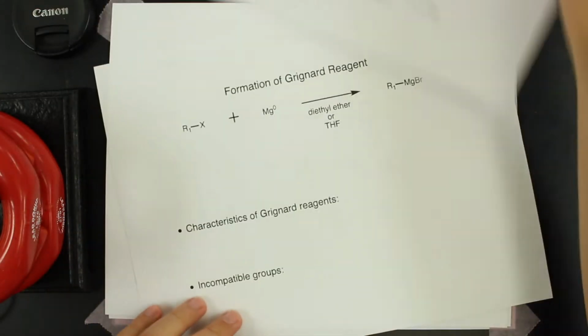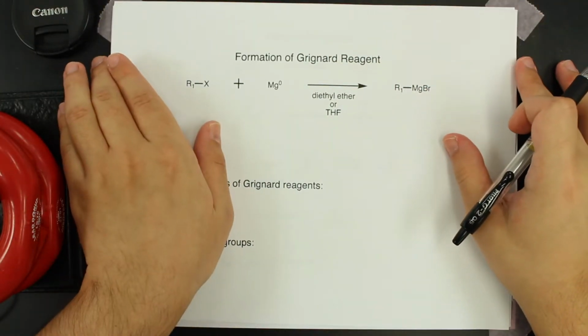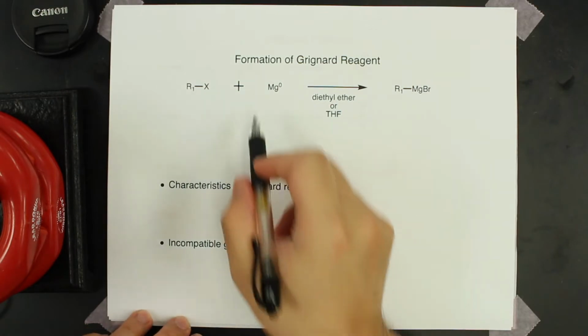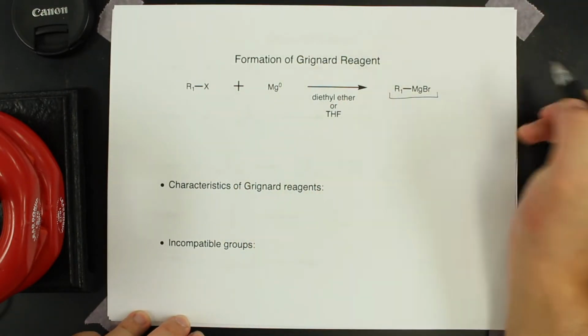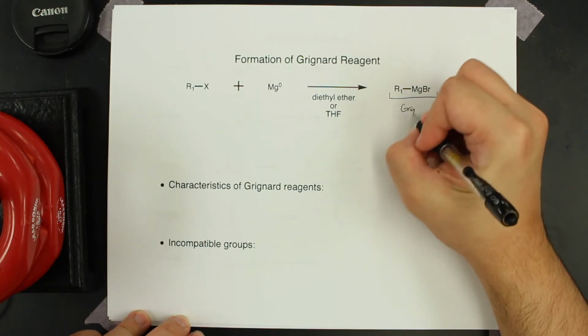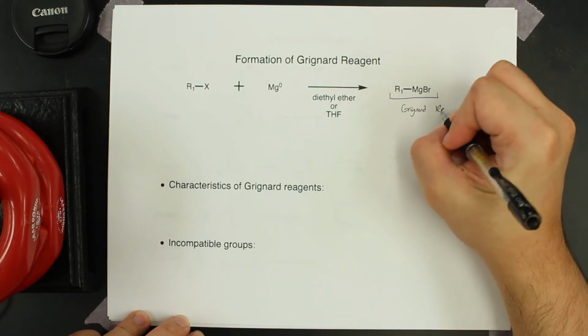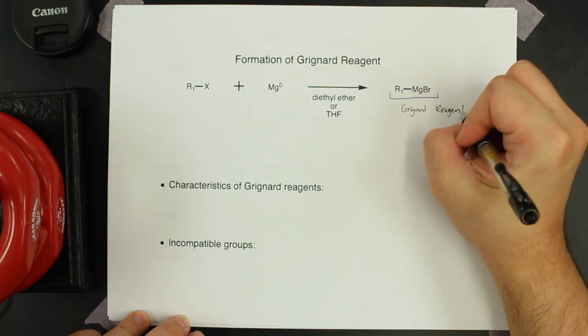Now let's go over the formation of the Grignard reagent. This Grignard reagent here, R1 MgBr, needs to be formed under special conditions.